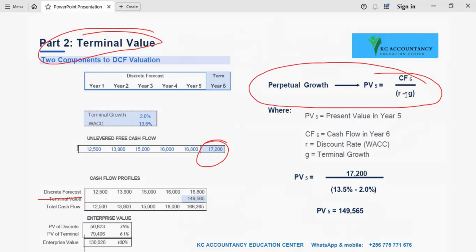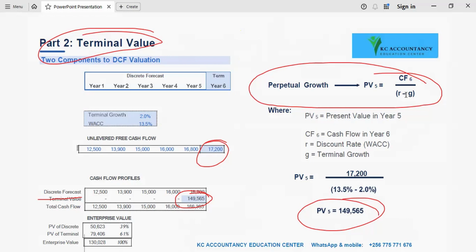So the end result of 149,565 US dollars is for year 5, not for year 6.